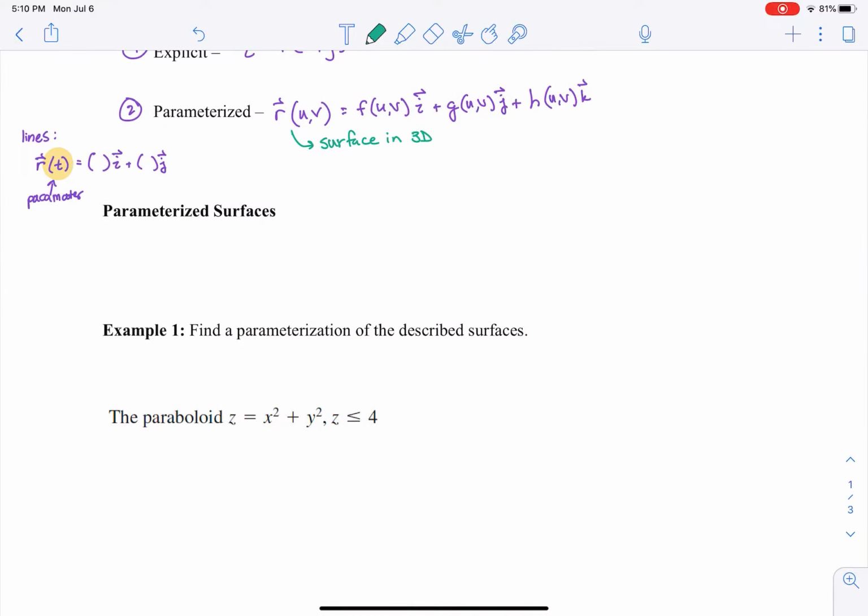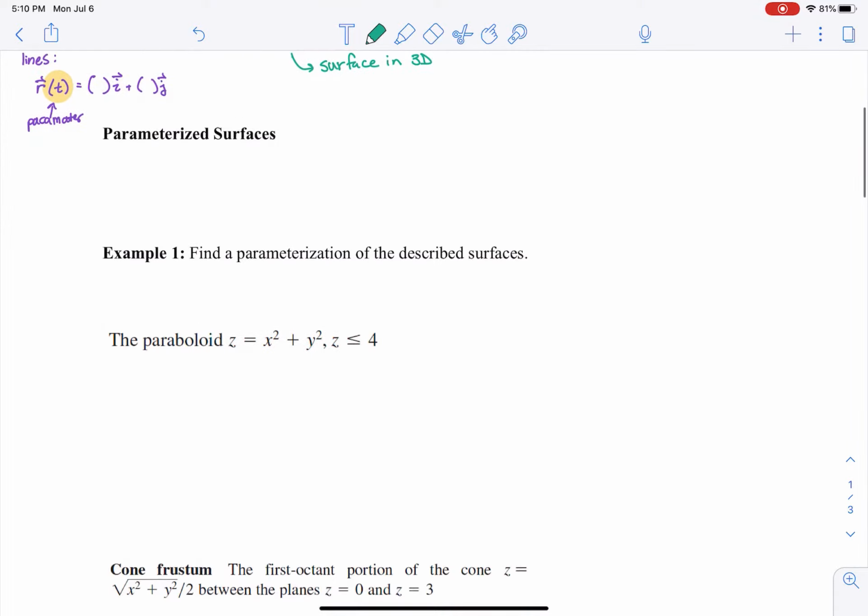We did a lot of practice again in chapter 13 where we would give you the equation of a line and ask you to write the parameterization of it. So you would have to solve for the x value, maybe the y values in terms of t, and then rewrite it in that parameterized form. We're going to be doing the same practice just now with two variables instead of one.